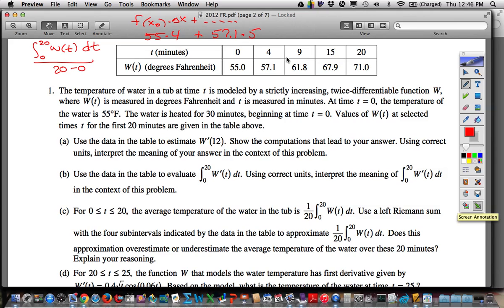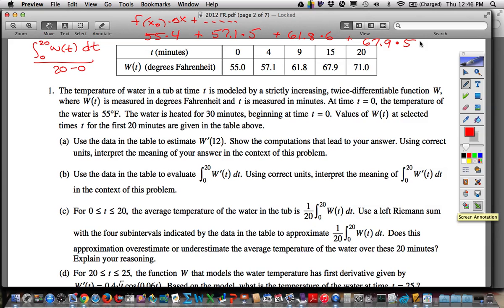That's why it's a left Riemann sum. Plus 61.8 times 6, this one would be 6y, and then plus 67.9 times 5. And you don't use the 71, which is what we were just saying. With a left rectangle, you don't use the far right edge. So we don't use the 71.